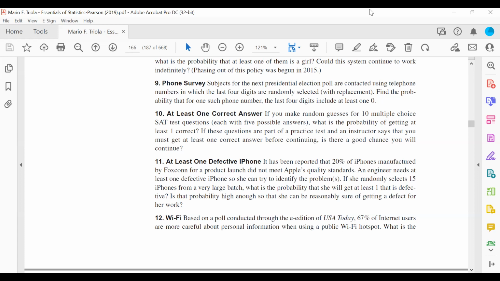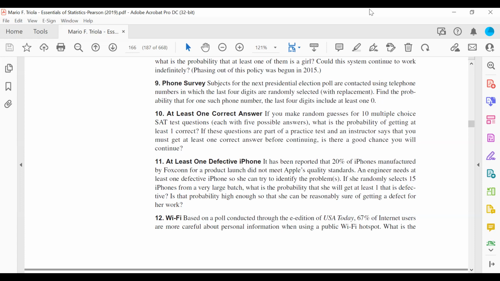What's the opposite of defective? Effective, I guess. Effective means they work. Let's go back and see what this 20% represents. I believe the 20% is the defective.